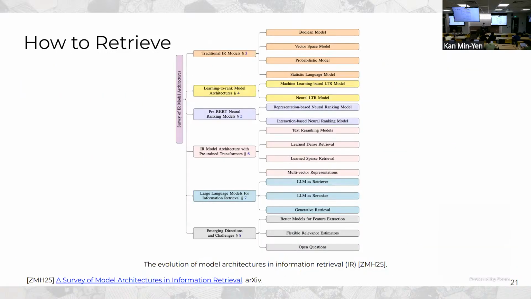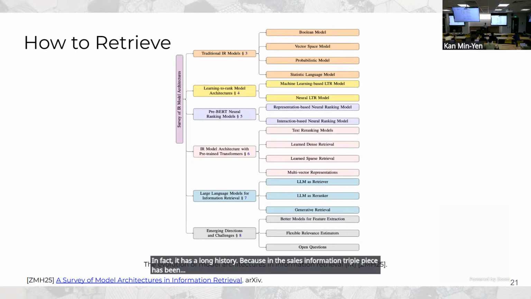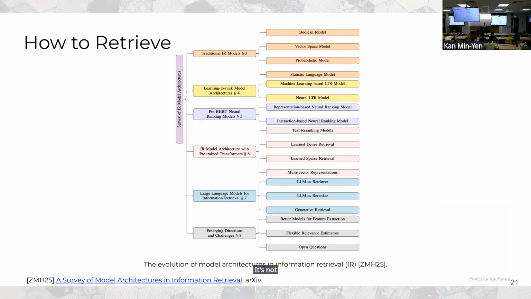Next, we'll talk about the subtopic called how to retrieve. Here, it's mainly about the selection of the retrieval method. As you can see from these three papers at the bottom, when we talk about the retrieval method or the retrieval model architecture, it has a long history, because the field of information retrieval has existed not for several years, but for 30 or around 40 years.